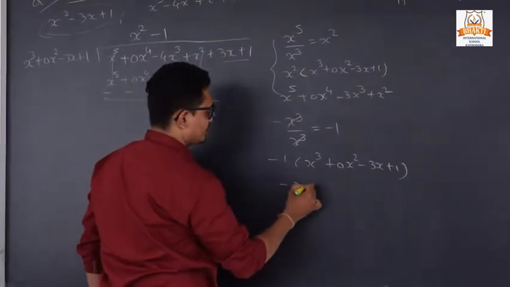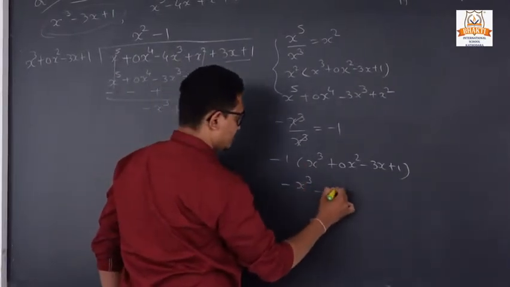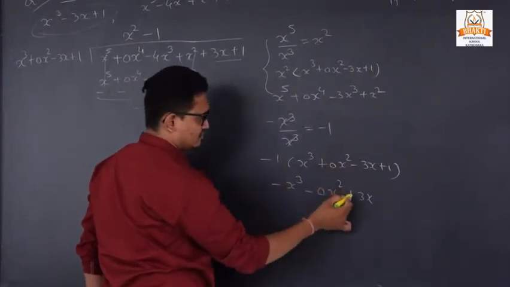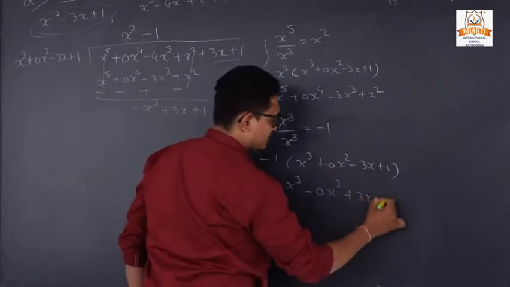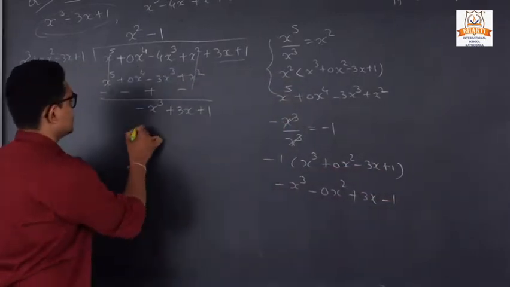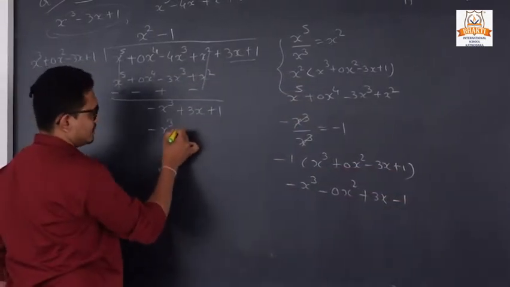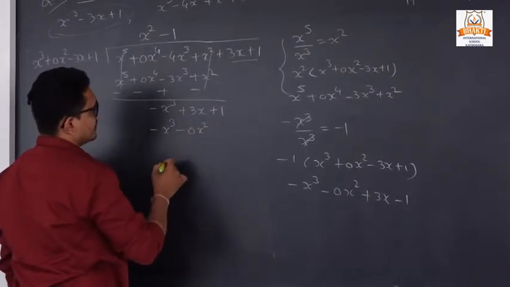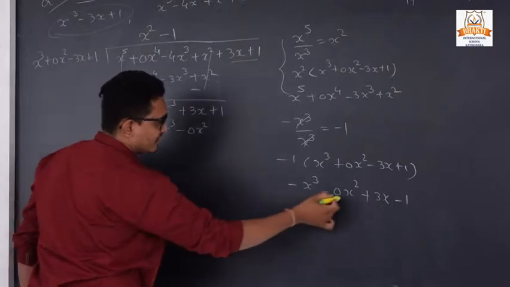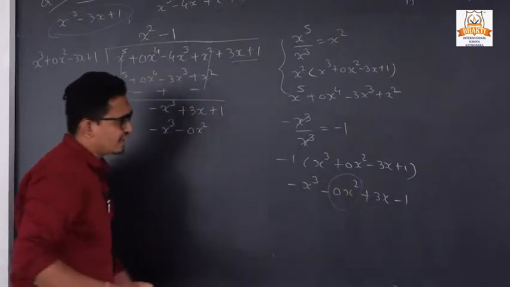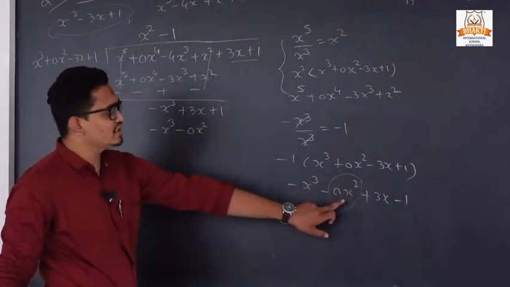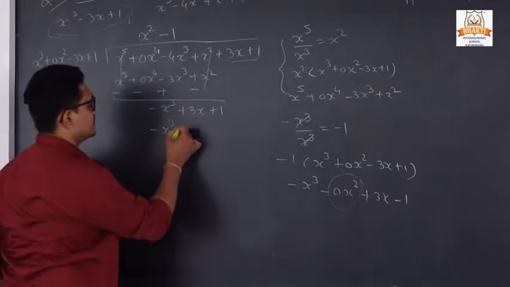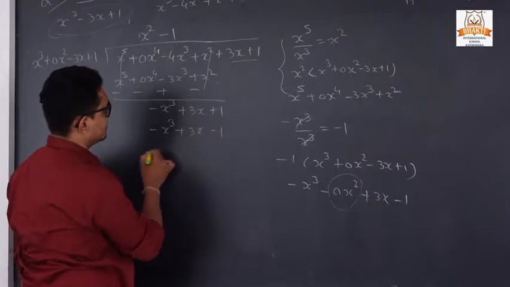So minus x cube, then minus 0x square plus 3x, because minus minus became plus, then once again minus 1. We cannot write 0x square because the value is same, so here we can directly write from 3x and minus 1.